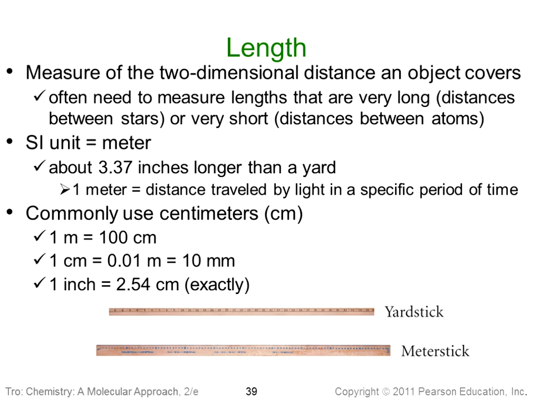So the length in meters, or even go to centimeters, and sometimes we use inches. You can see the conversion to go from inches to centimeters. So we need to know lengths of very long distances and very short distances.